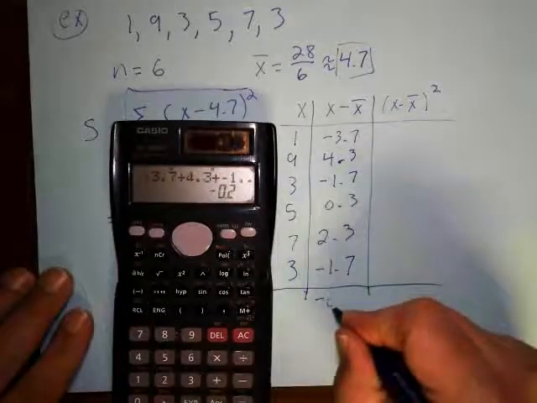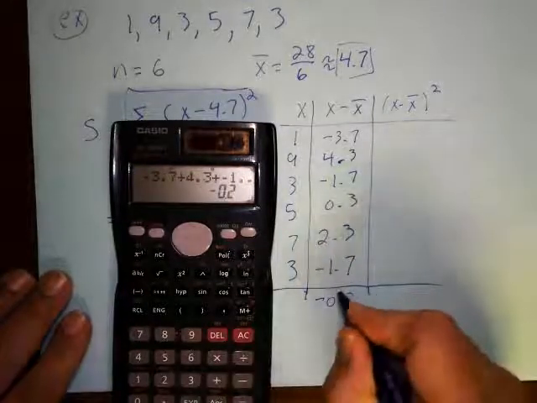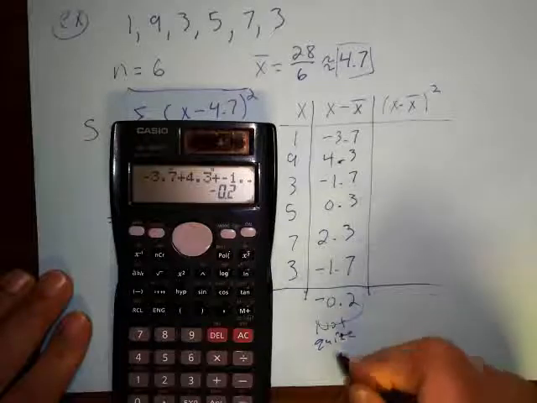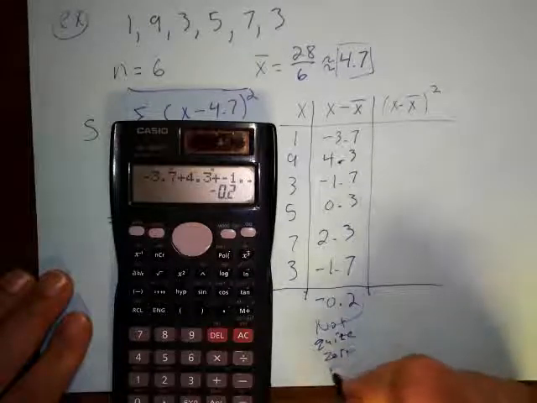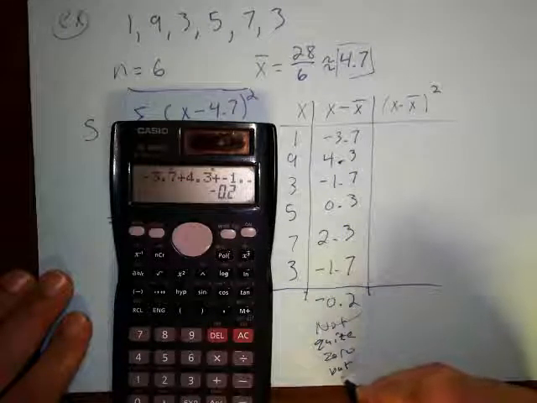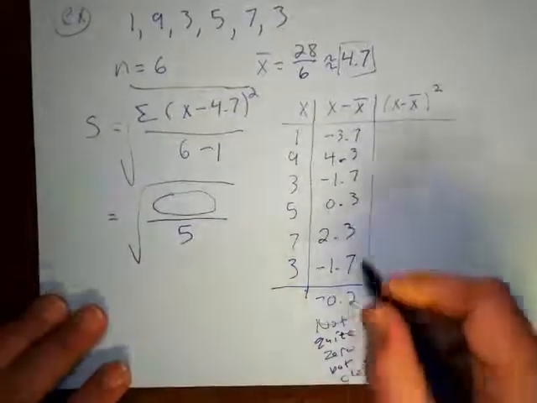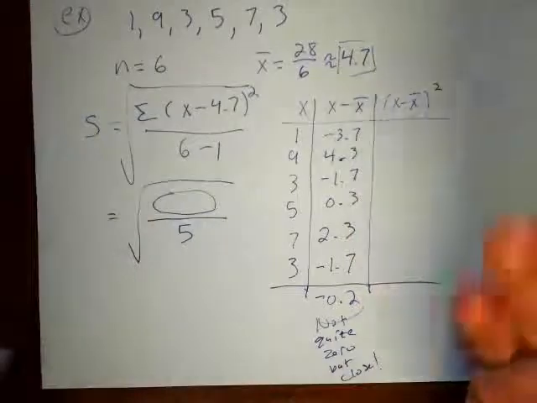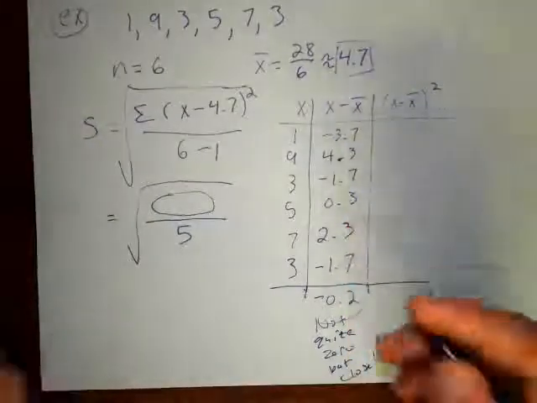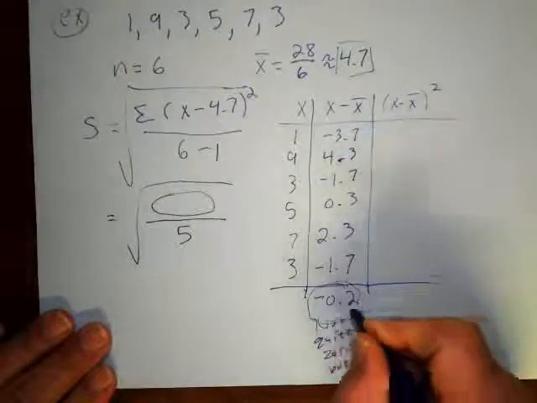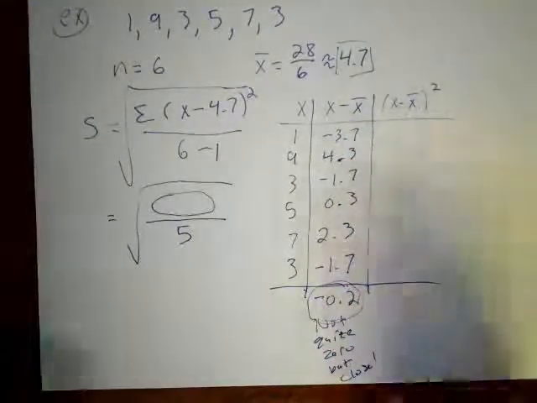And look, I get negative 0.2. Okay, so not quite 0, but close. Does that make sense? Because this isn't the exact balance point of the data, so these won't exactly cancel each other out since I had to round that. But it's going to be something, you know, negative point something.